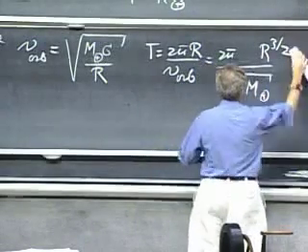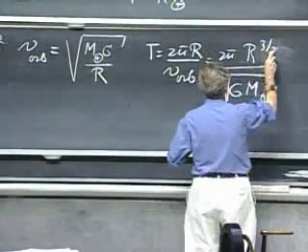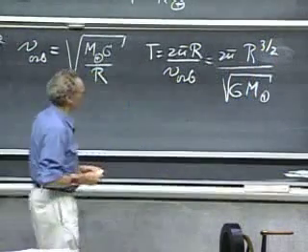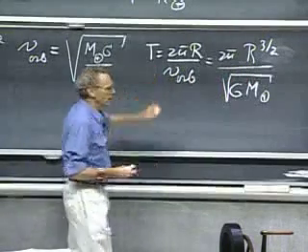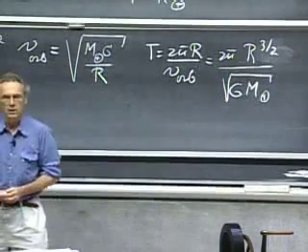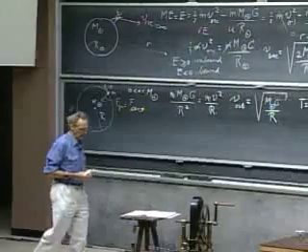So again, if you know the radius, if you know how far you are from the Earth, the period follows uniquely. If you know the period, then the distance to the satellite follows uniquely.